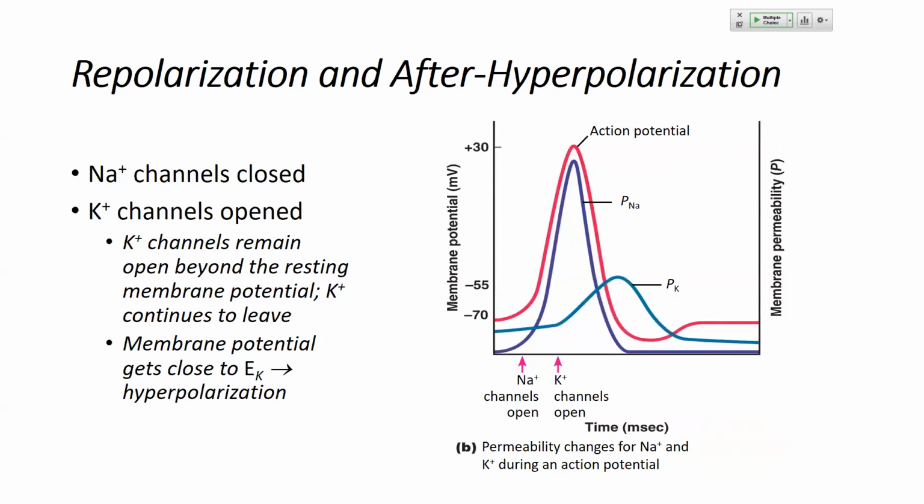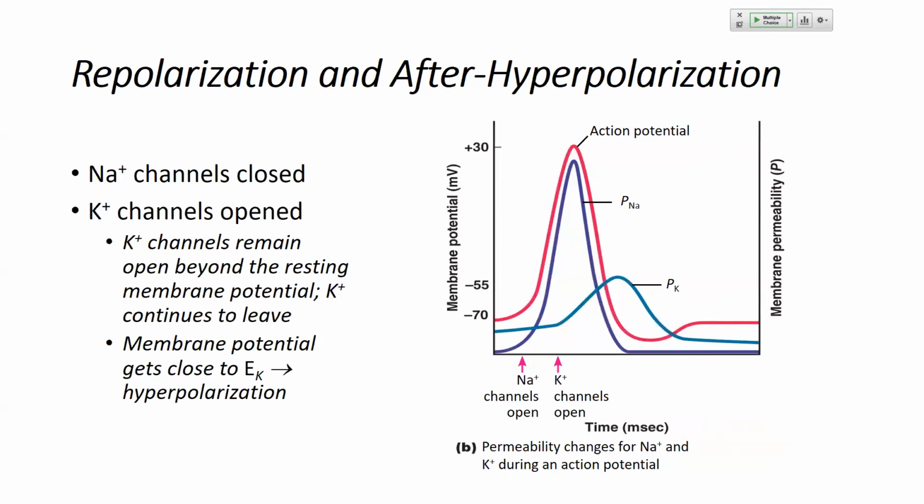We repolarize the inside of the cell, making it more negative again by kicking potassium out. Remember, potassium is a positively charged ion. If we kick it out, the inside gets more negative again, and the membrane potential gets all the way down to the equilibrium potential for potassium, which is hyperpolarized, negative 94 millivolts.